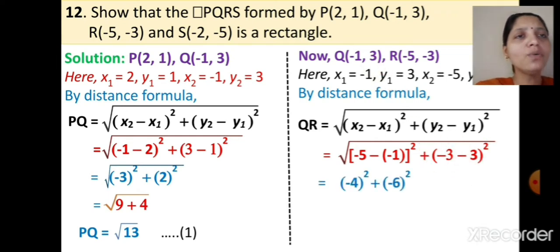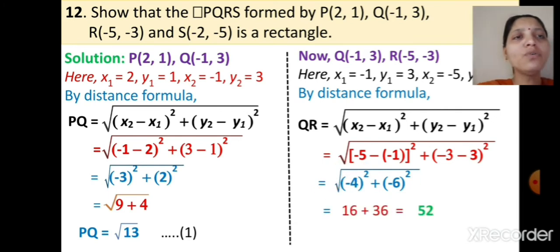That is equal to, now -5, this minus becomes plus, so you will have -5 plus 1, that is nothing but -4 square, plus -3 minus 3 is -6, so you will have -6 square. -4 square plus -6 square, that you have to write in square root.